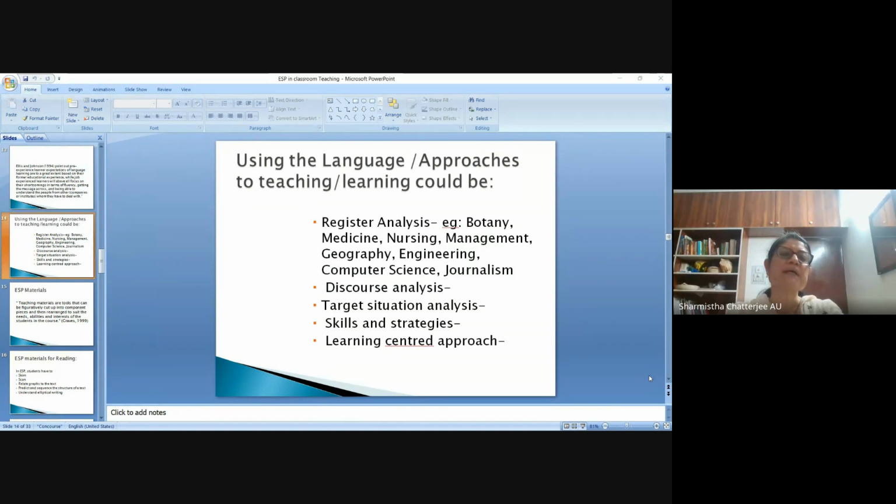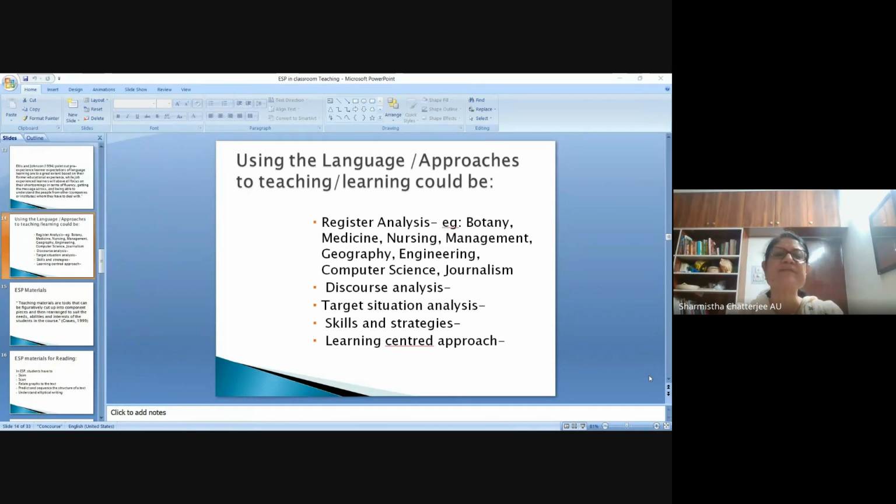So suppose, say, I give you a small example: some of your students might be coming from a rural background, and some might be coming from an urban background. So the situation could be different. And the kind of vocabulary, the kind of syntax, or whether you need to chip in a little bit of vernacular, that will all depend on the target situation.